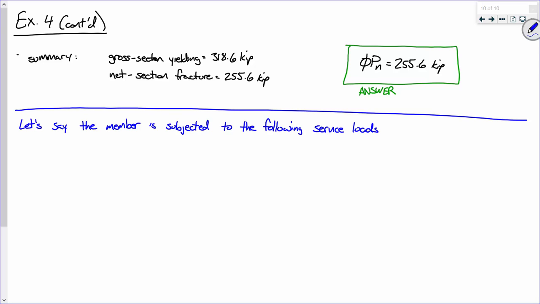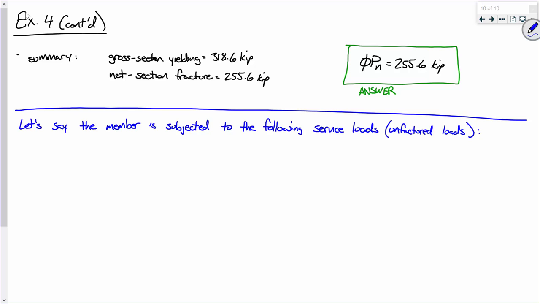Service loads, that's just a fancy term for indicating loads that are unfactored.